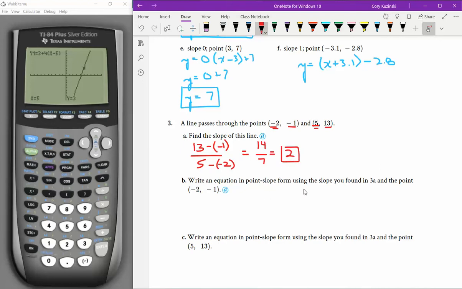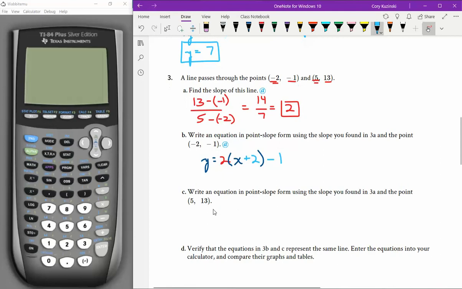Write an equation in point-slope form using that slope that we just found and this point. So that's the first point, okay? So we're going to write y equals 2 times x plus 2, because remember we're taking the opposite of that negative 2, and then minus 1.